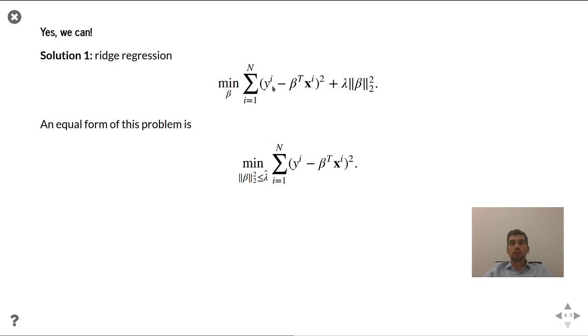And actually these two forms are identical, for some values of lambda and lambda hat. This is a constrained optimization problem, and this one is just the same problem written in a different way.